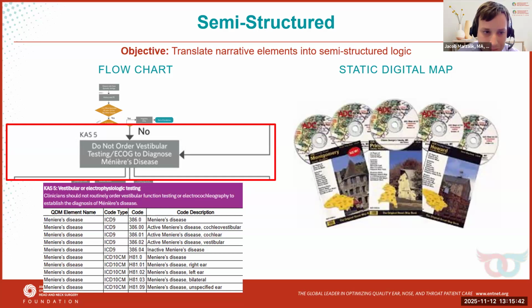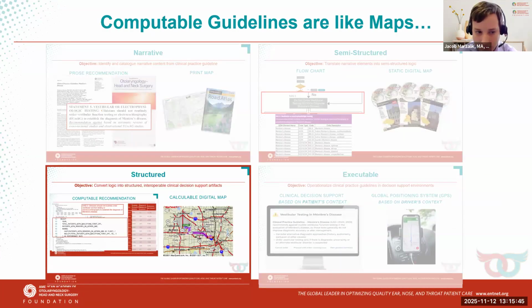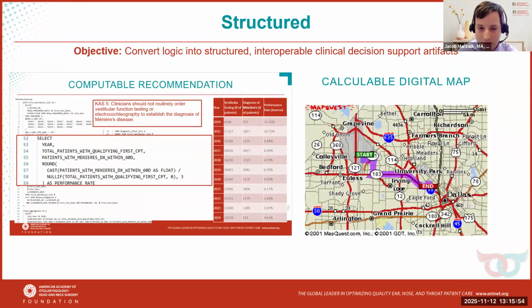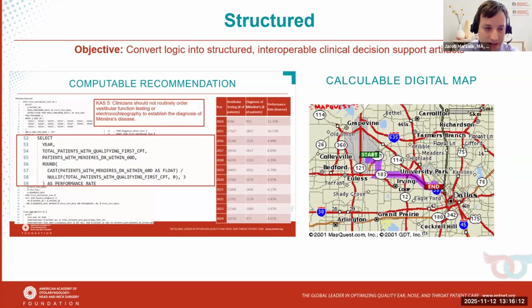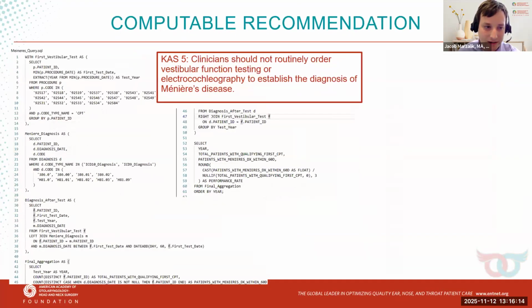More will come along as we progress on how the ICD-10 and codes connect with each other. Then we get into the third level, the structured level. We move in the progression from the static digital map into having it be calculable. On the right, you'll see a screenshot of MapQuest. Although MapQuest is still static, it does give you that digital visual of the map, and it's based on the coding. What we mean by a computable recommendation is, I'm going to zoom in on this specific example.